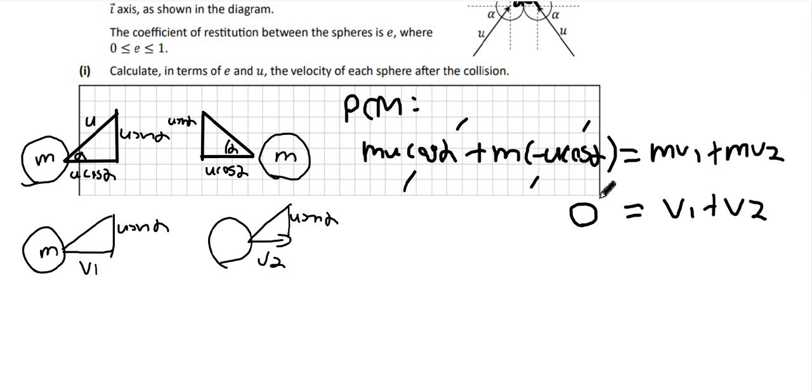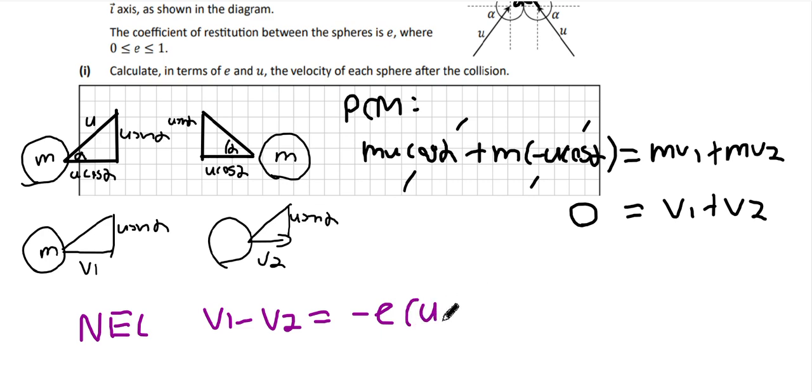Yeah, that's perfect. Now we're going to go for NEL. Anybody remember what NEL is? Would everybody know that off the top of their head by now, or more or less? Now, v1 minus v2 stays the same.